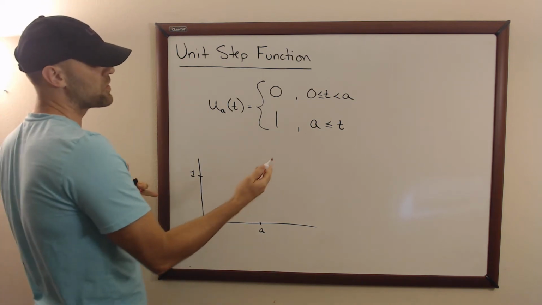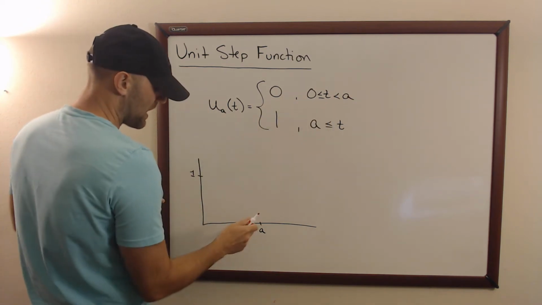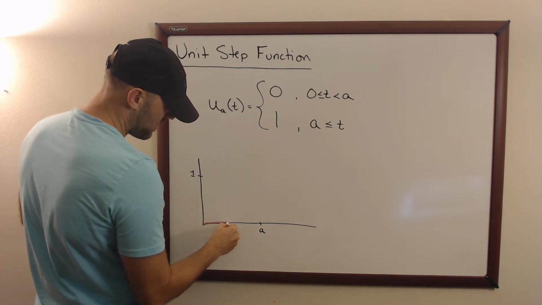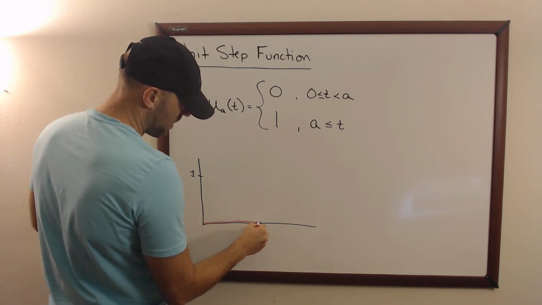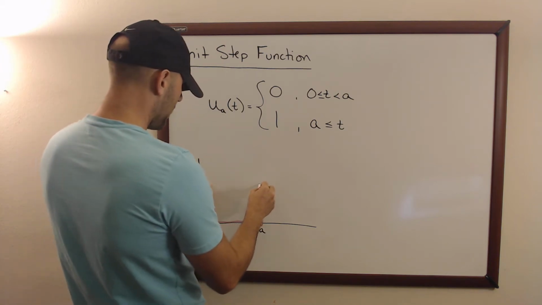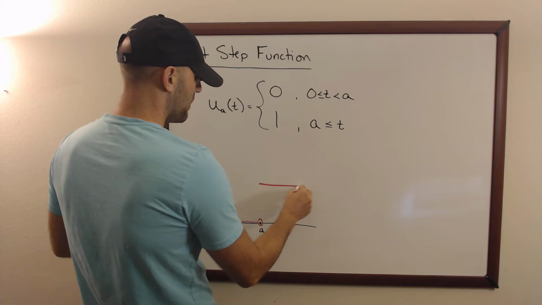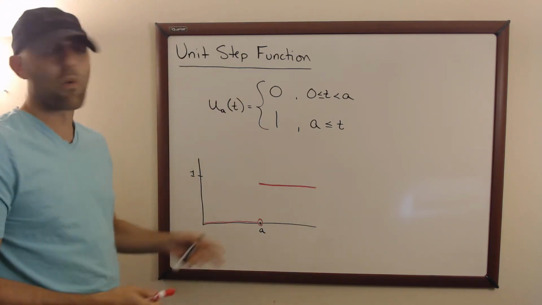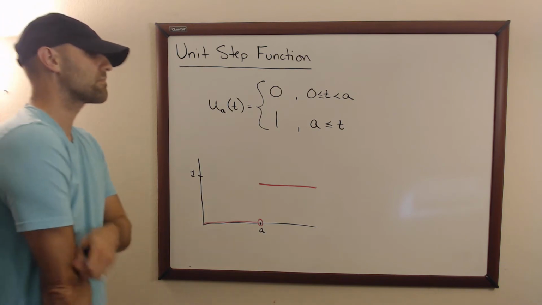It's a very simple piecewise function, right? It's 0 until I get to a, so it's 0, 0, 0, 0, and then when I get to a, it jumps up to 1. That's it. It's not overwhelmingly complicated.